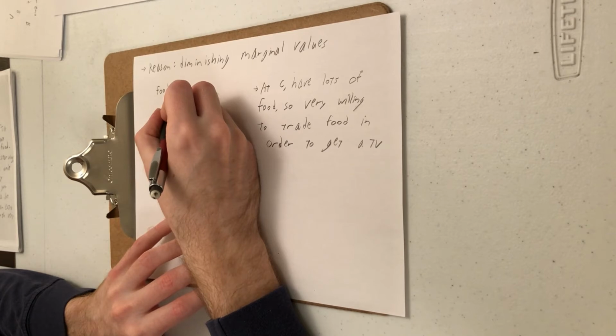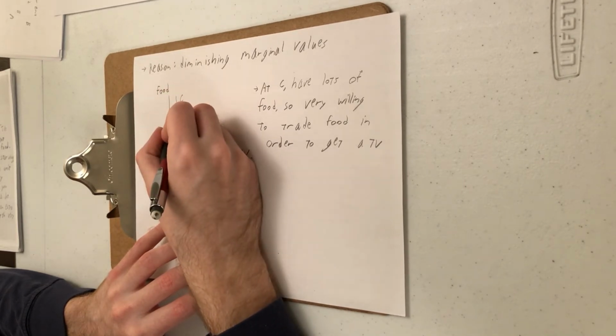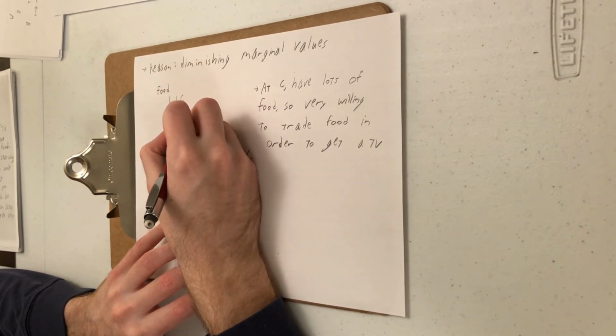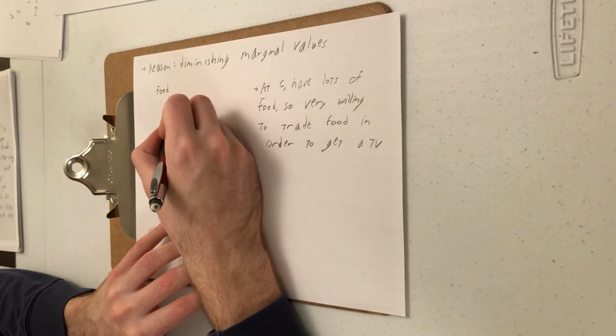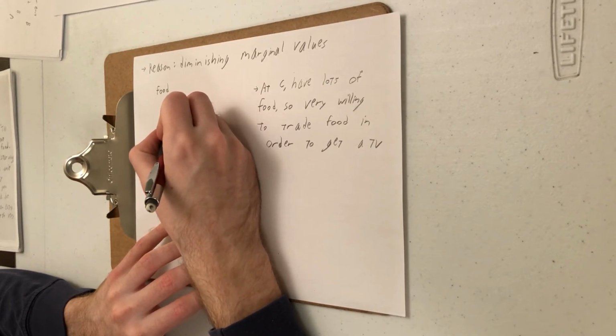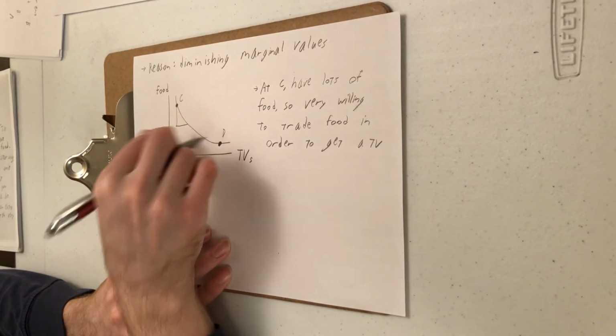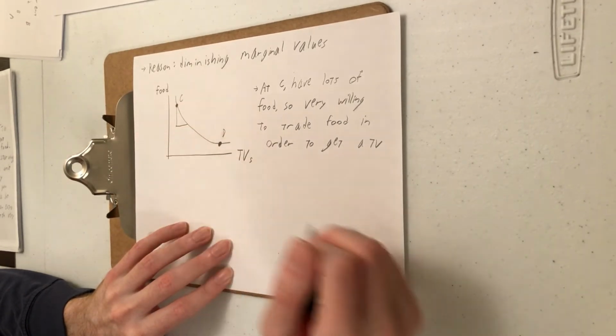So you want to give up a lot of food to get just one more TV. Means falling pretty far down over here. So give up a lot of food, getting one more TV. The slope is going to be steep.